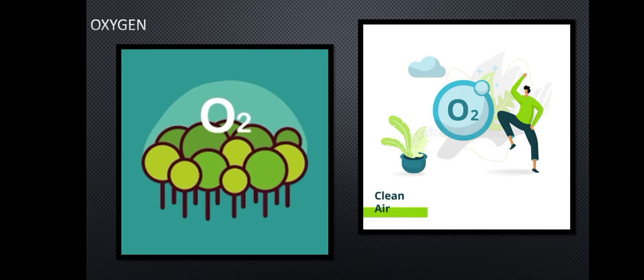The plants take in the carbon dioxide and in return give us oxygen, which helps the animals and other living things to breathe. Clean air consists of more quantity of oxygen.